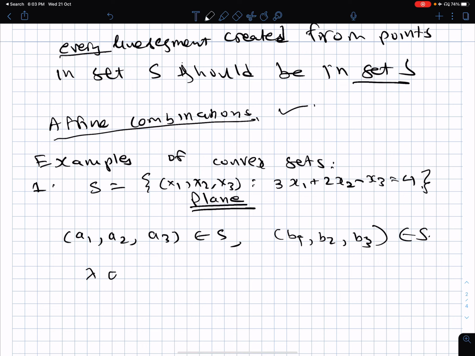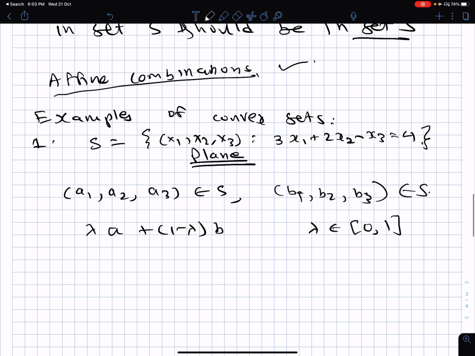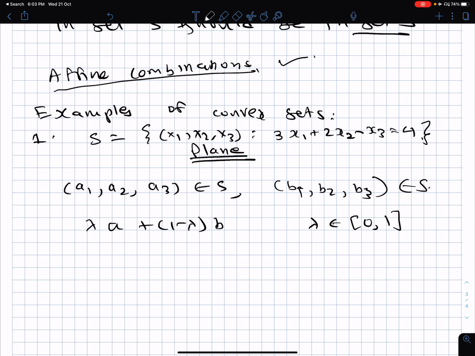Lambda A plus 1 minus lambda B is called the convex combination of A and B, so long as lambda is between 0 and 1. For this convex combination, I want to check that it belongs to S.